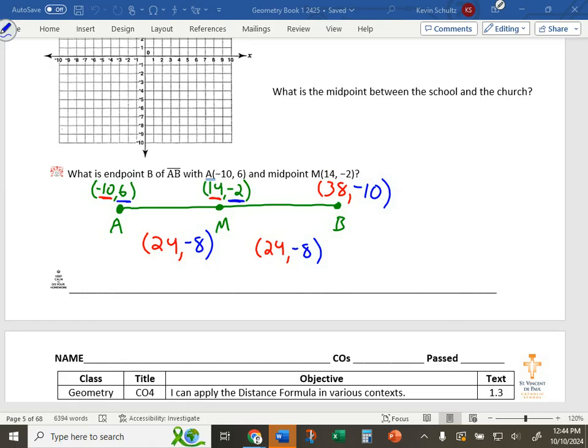On page 19, problems 17 through 22, and then 25 through 30.